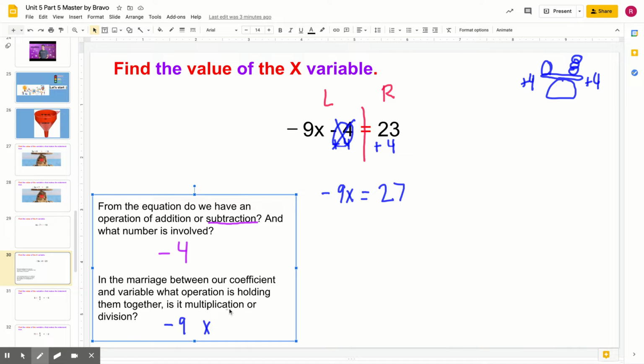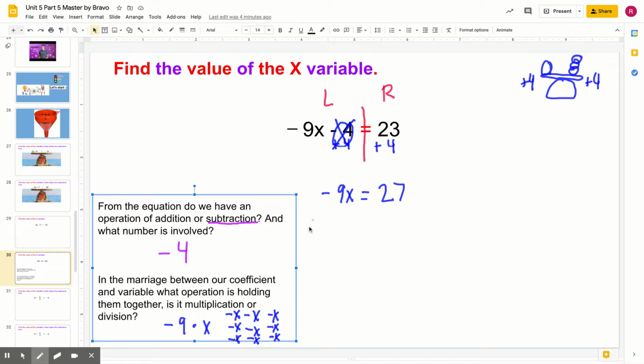Is it multiplication or is it division? I hope you're able to see that it was multiplication. That negative 9 tells you that you have negative 9 multiples of x. It tells you that you have that many of them.